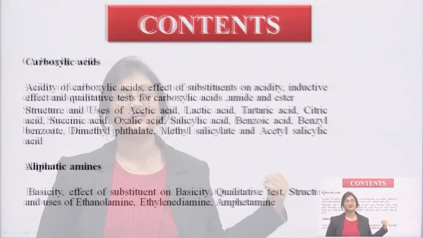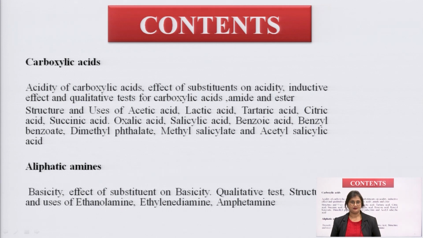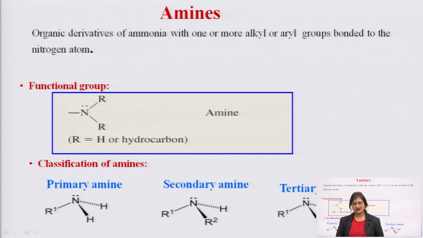As you can see in the content, under aliphatic amines, we are supposed to learn in detail about the following topics: basicity, effect of substituents on basicity of amines, qualitative tests, and a few structures and uses of derivatives of amines, namely ethanolamine, ethylene diamine and amphetamine. All right, let us start today's class about amines.